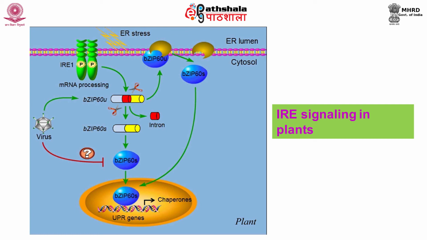AtIRE1A and OsIRE1 are capable of autotransphosphorylation, and the putative ER stress sensor domain of AtIRE1A, 1B and OsIRE1 can functionally replace yeast IRE1.